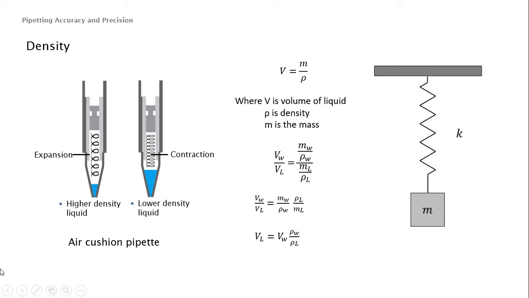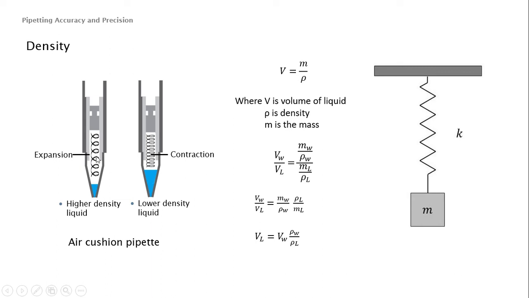Now, since the mass of the new liquid is also a variable, we can get the mass by computing it from the given volume and density of the new liquid. Meaning that mass is equal to the volume of the liquid times the density of the liquid.